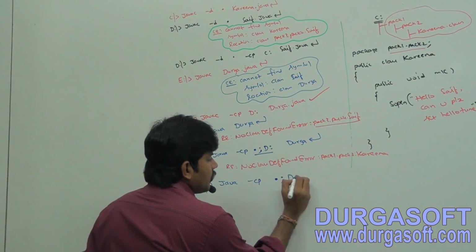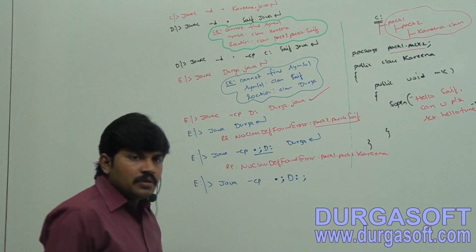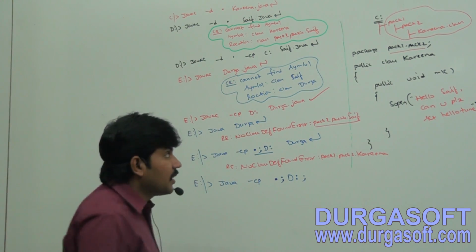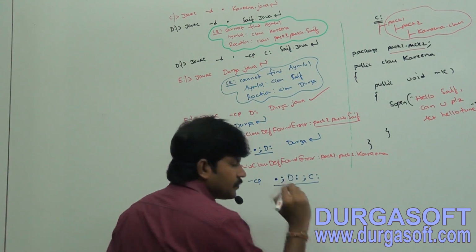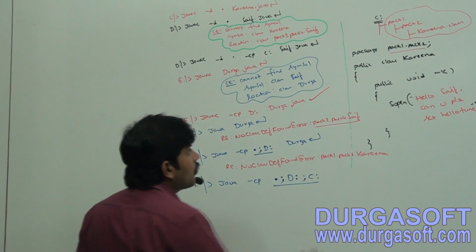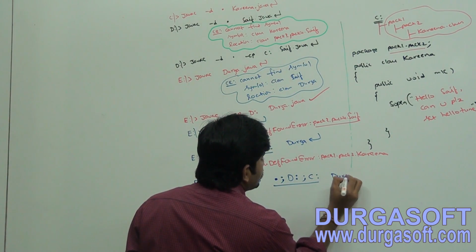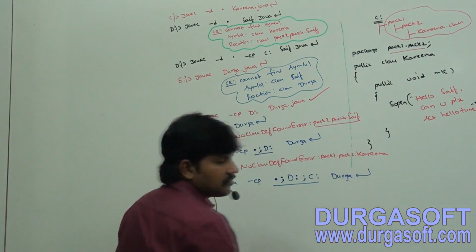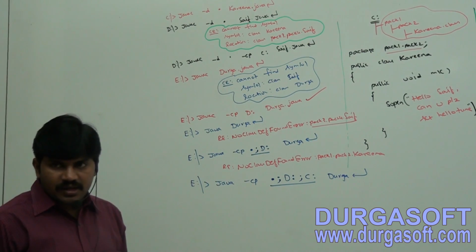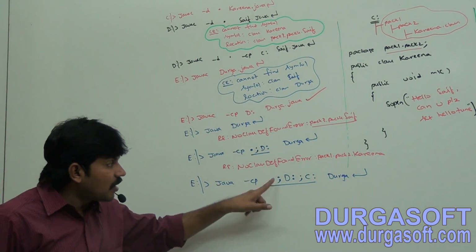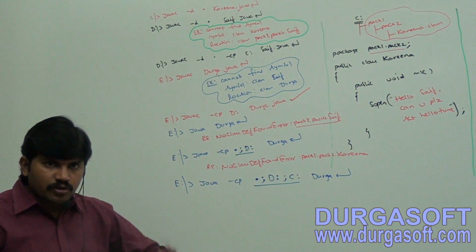D colon, next semicolon. Saif requires what? Karina. Where is Karina available? C colon. Now Java Durga. Is it going to run or not? Perfectly valid. Now the corresponding output we are going to get by default. We won't get any error because we provided all levels of dependency.